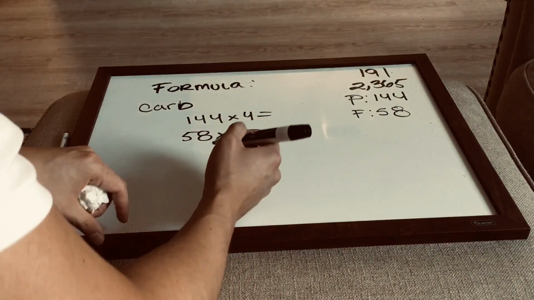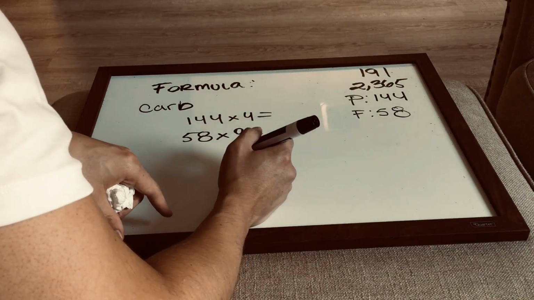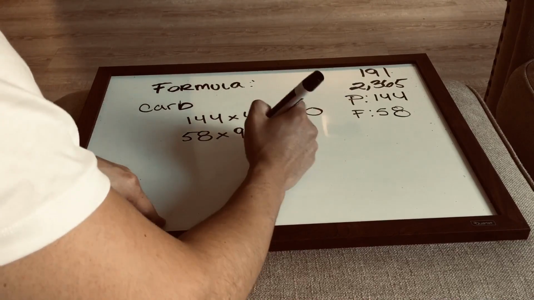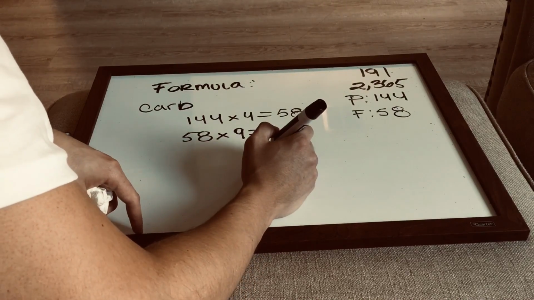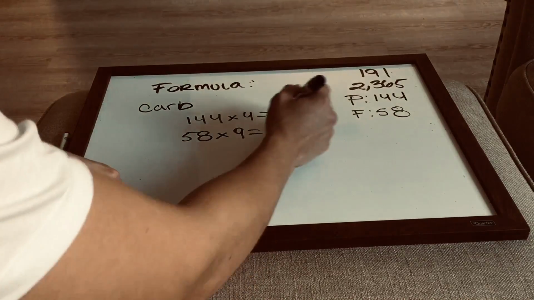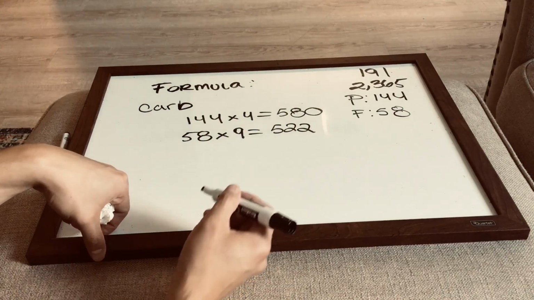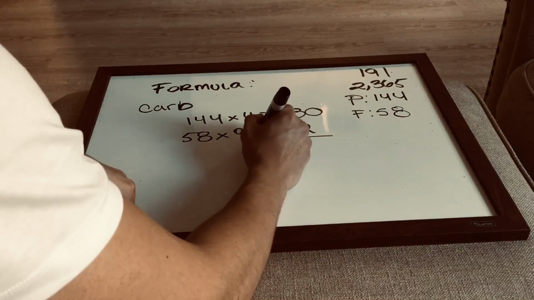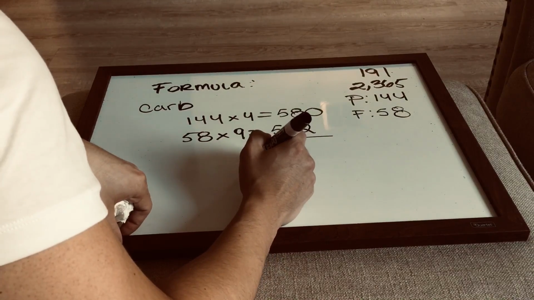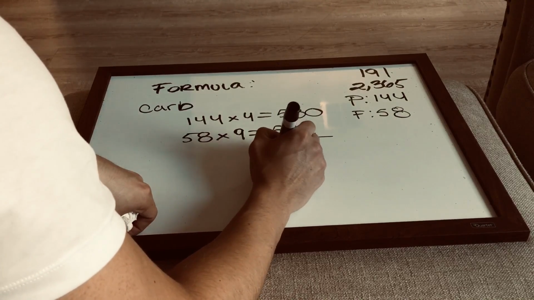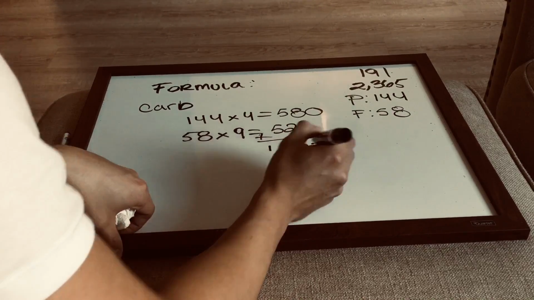So 144 times 4 is going to give us 576. And 58 times 9 is going to give us 522. So that's how many calories we've taken in already. Now we're going to add them together, and it's going to give us a total of 1,102.